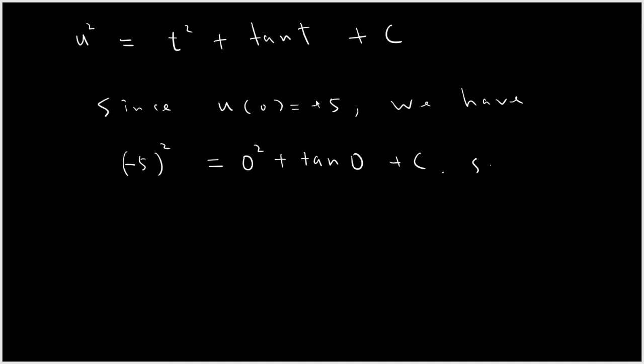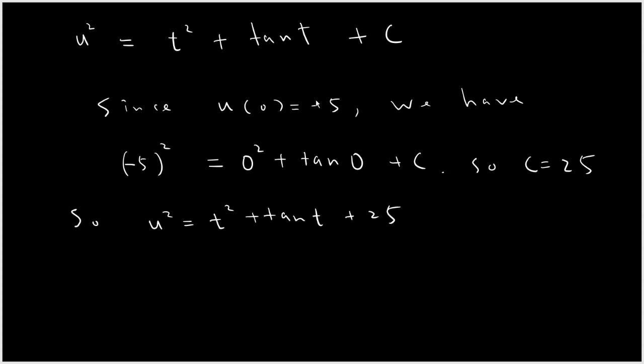So do you see the initial condition will give you the value of c? C is actually 25, right? C is 25. So because c value is 25, you have u squared is equal to t squared and then plus tan of t, and then plus 25.